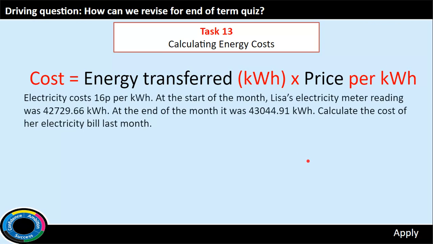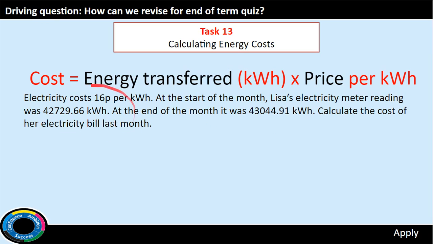So here's an example. Electricity costs 16p per kilowatt hour. At the start of the month, Lisa's electricity meter reading was that number, in kilowatt hours, and at the end of the month, the reading was this number, in kilowatt hours.